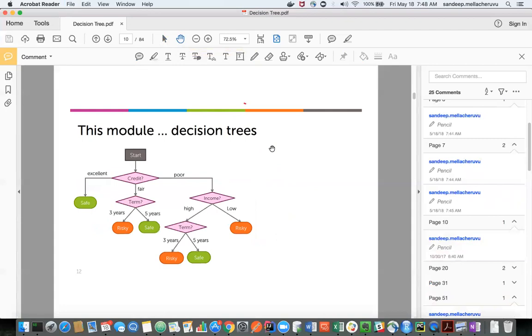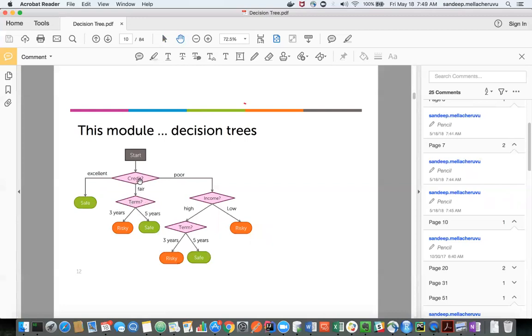Now, a decision tree is always building a tree like this. You keep on asking questions. When you start, the first question here is, what is his credit history? If it is excellent, immediately say it is safe. If it is fair, then you have another condition to ask.